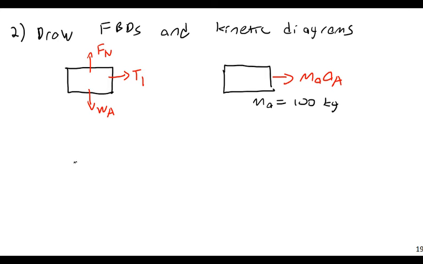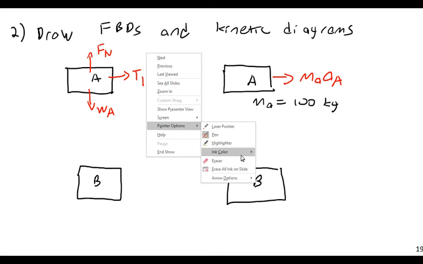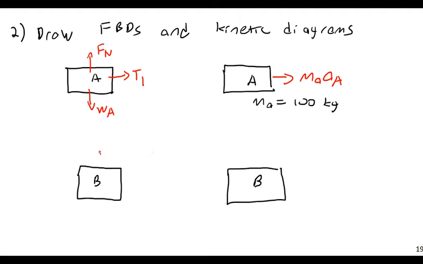Then for block B, you're going to have tension 2, and you'll have the weight, or weight B. Here, I can find this fairly easily.